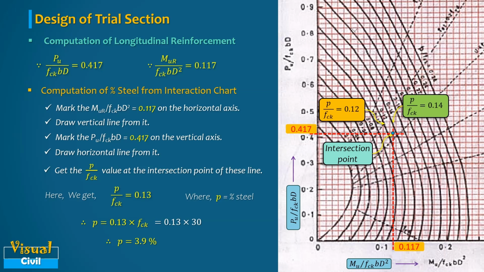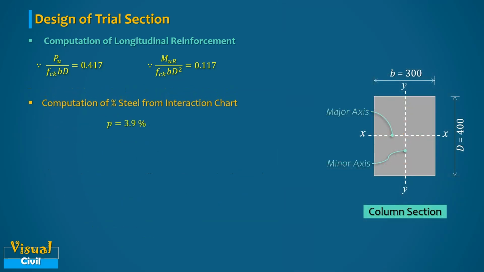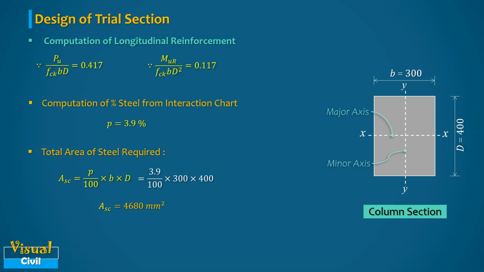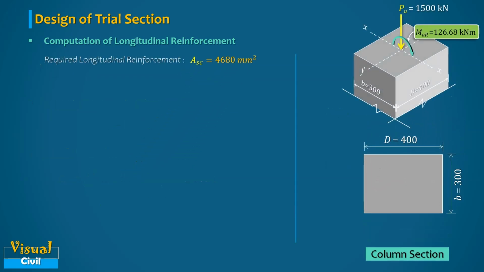From this, get the total area of steel required. After calculation, it is equal to 4680 mm square. Next, let us fix the number of bars to be provided as longitudinal reinforcement. Select the bar diameter as 28 mm. The number of bars required is around 8.